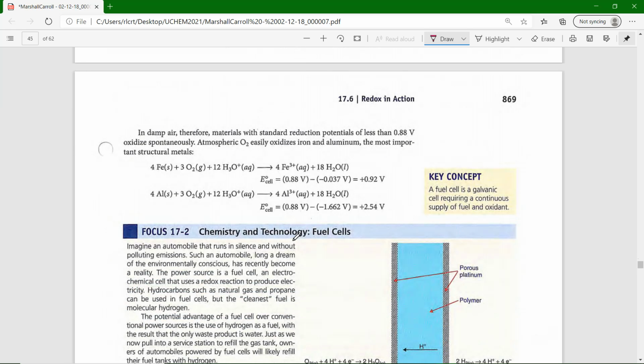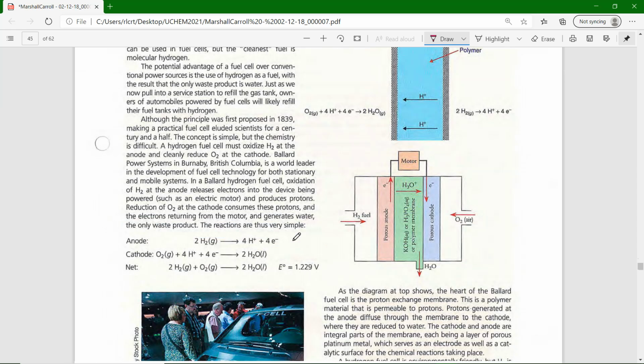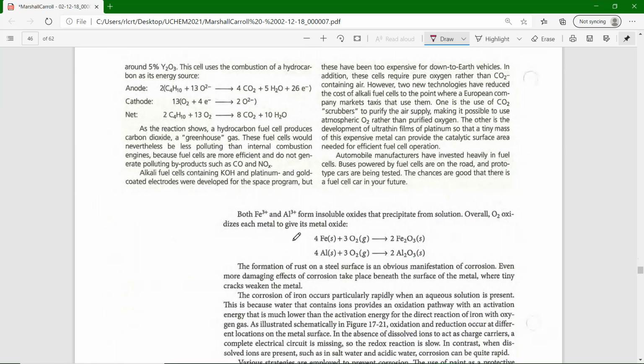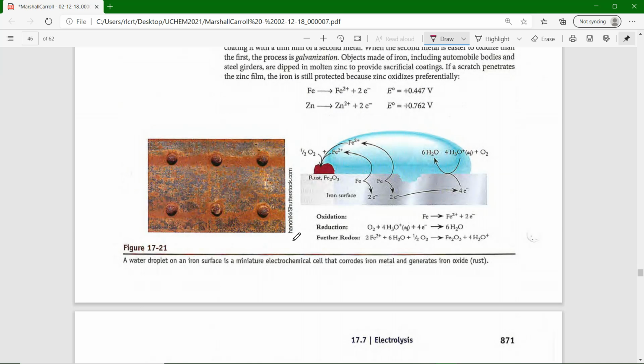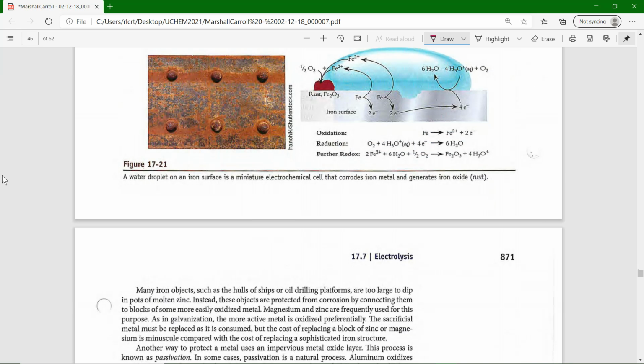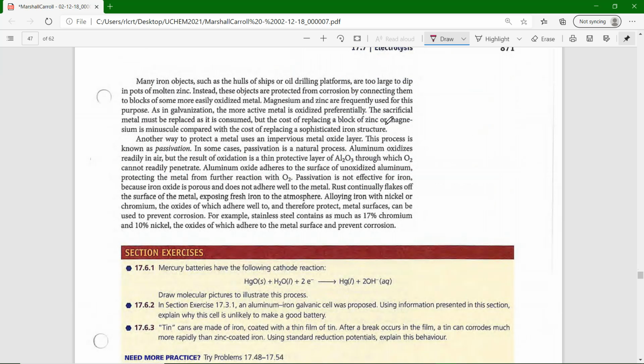So a little bit on corrosion, fuel cells if you're interested, some technology about that. There's back to the corrosion, some rust there. See this little reaction happening, the eating away on an iron surface through this electrochemical process, which is corrosion, and you have to try to fight that.